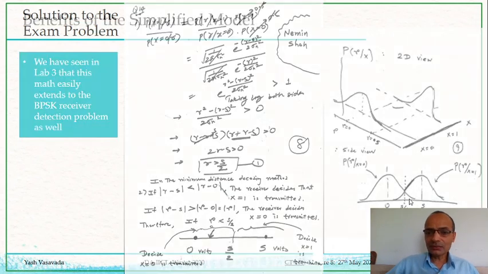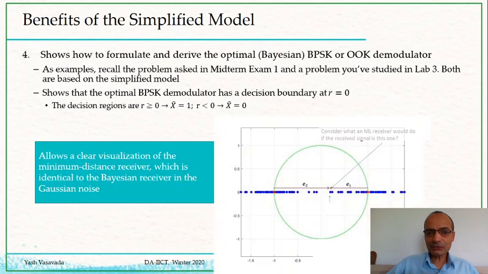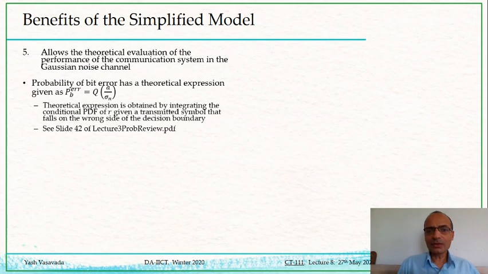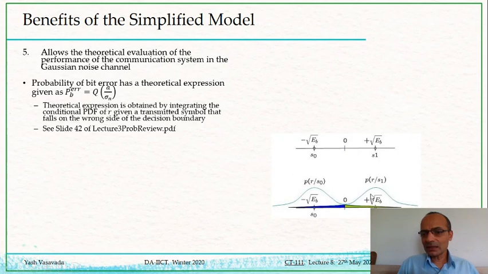That is how, on slide 42 of that lecture 3, this Q function was derived. So essentially, the area of the conditional distribution of R given S1 which falls on the wrong side of the decision boundary, meaning R less than 0, R negative valued, that area shown in this blue shaded region, is the Q function of A divided by sigma n.